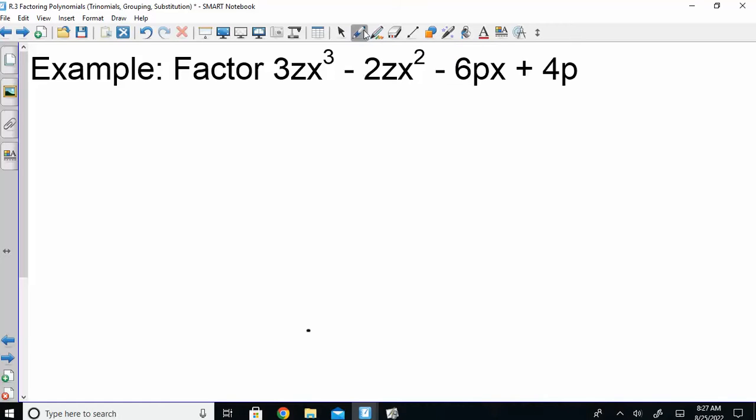We don't have a greatest common factor. We have 4 terms, that means grouping.